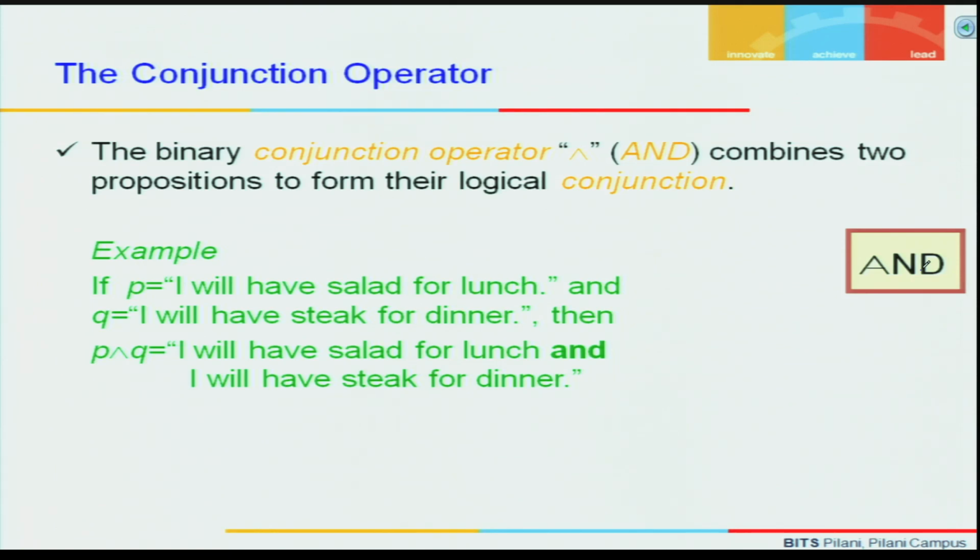Absolutely there is no misunderstanding here, because these two are declarative sentences whose truth value is either true or false. Then this conjunction operator is defined such that P and Q will be read as: I will have a salad for lunch and I will have a steak for dinner. This is how it is defined.